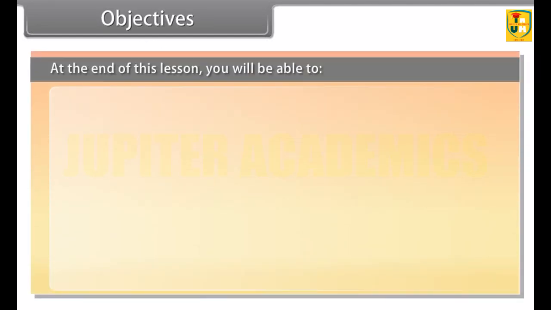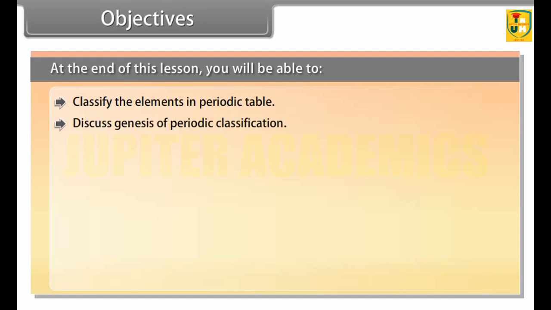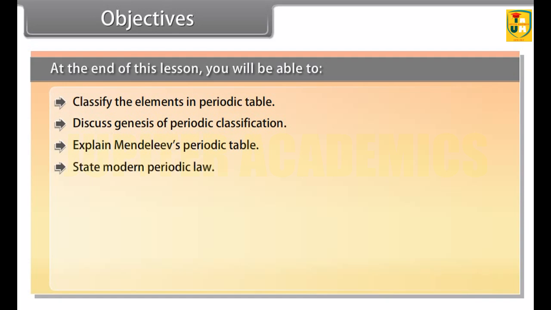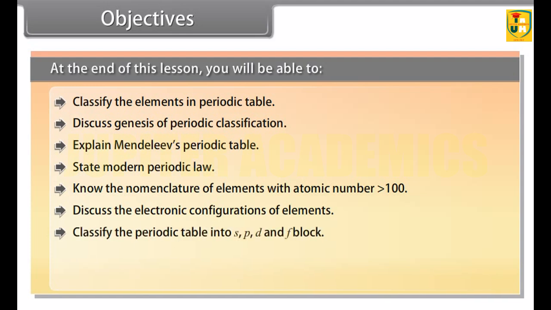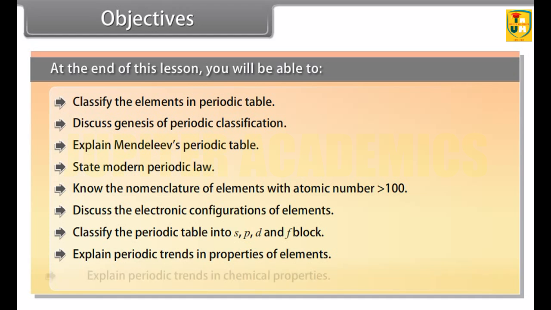At the end of this lesson, you will be able to classify the elements in the periodic table, discuss the genesis of periodic classification, explain Mendeleev's periodic table, state the modern periodic law, know the nomenclature of elements with atomic number greater than 100, discuss the electronic configurations of elements, classify the periodic table into s, p, d and f blocks, explain periodic trends in properties of elements, and explain periodic trends in chemical properties.